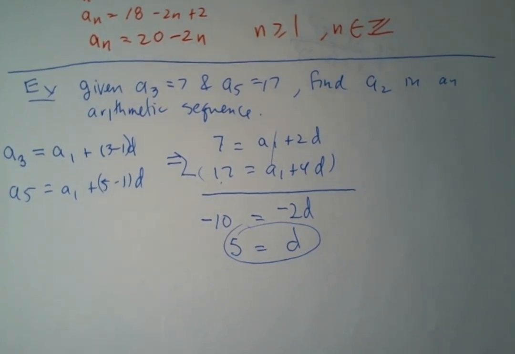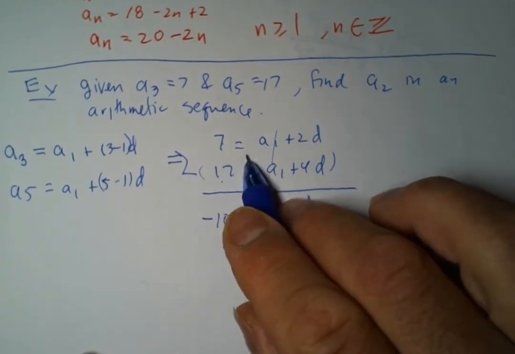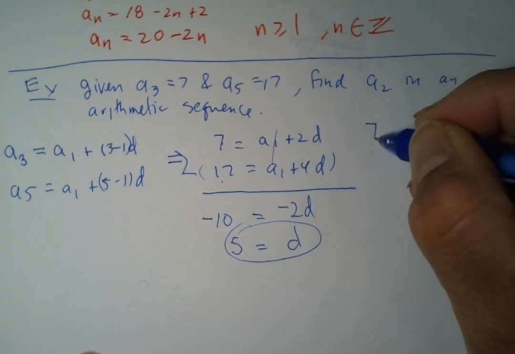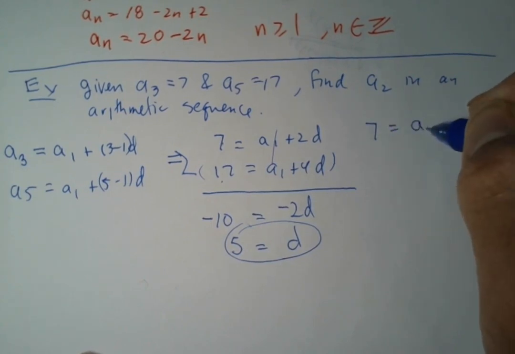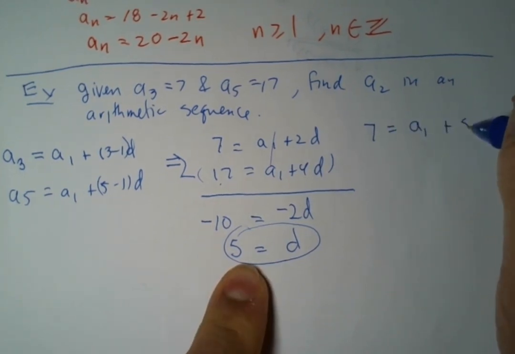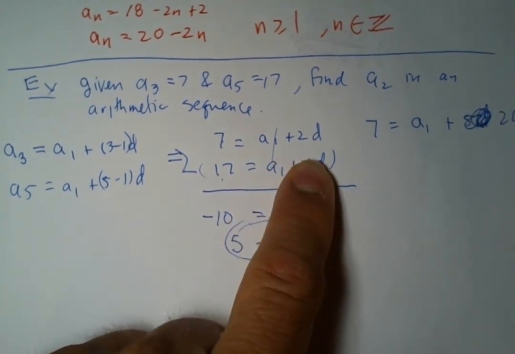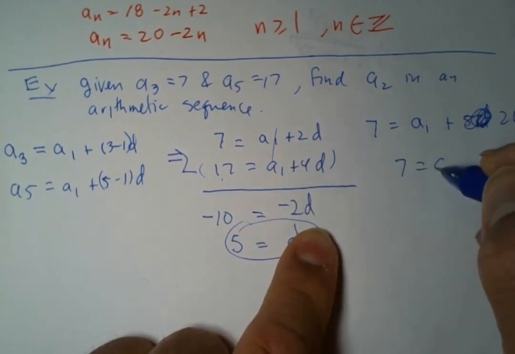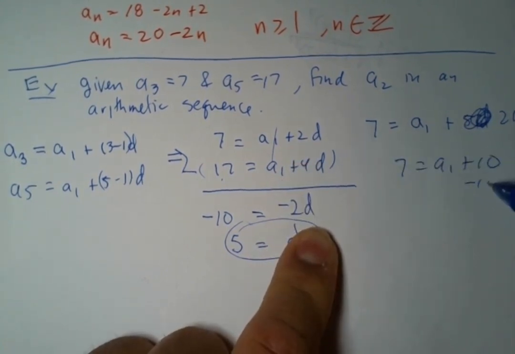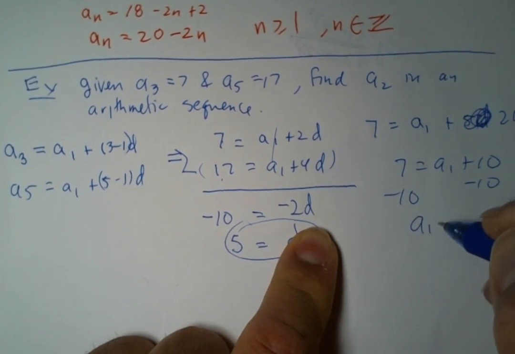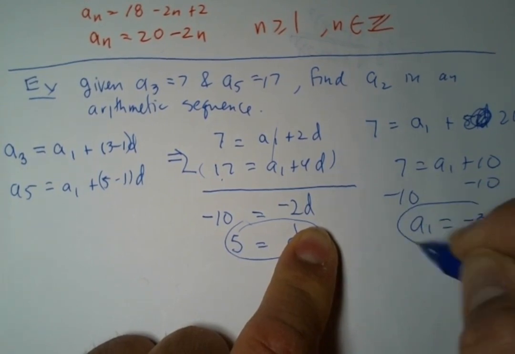And to find A1, I'll take the first equation here, so 7 equals A1 plus 2 times 5. So we get 7 is equal to A1 plus 10. Subtract 10 from both sides, and we get A1 is equal to negative 3.